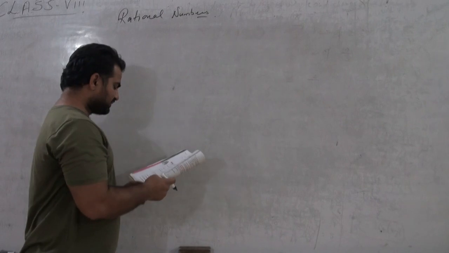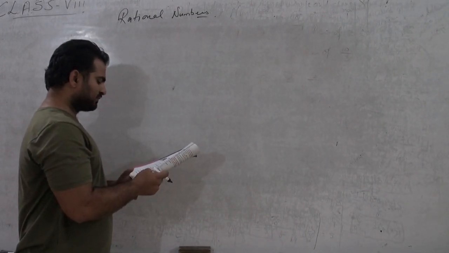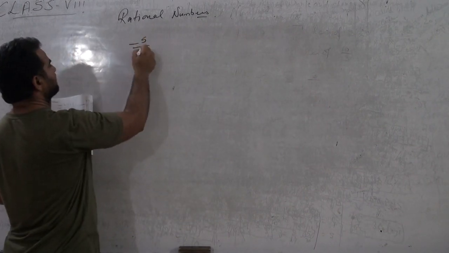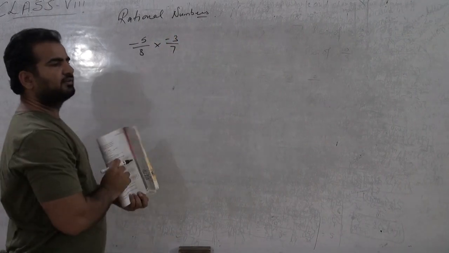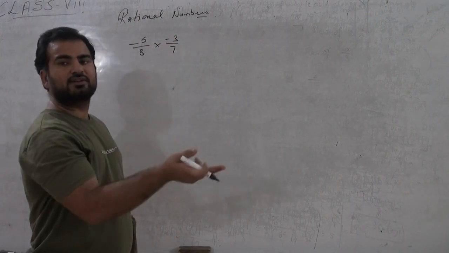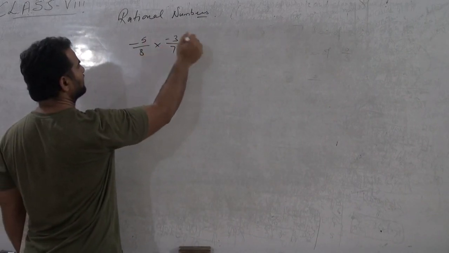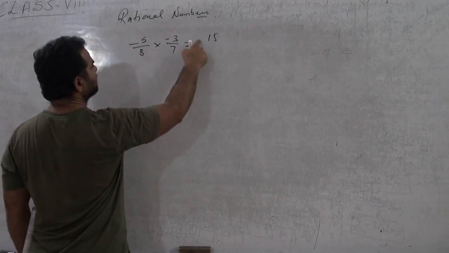Okay. So question is find the multiplicative inverse of minus 5 by 8 into minus 3 by 7. Minus 5 by 8 into minus 3 by 7. Okay. First of all we have to solve it and then find the multiplicative inverse. So 5 multiplied by 3, it will be 15 and negative sign will be positive.